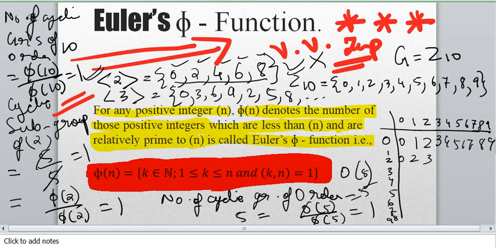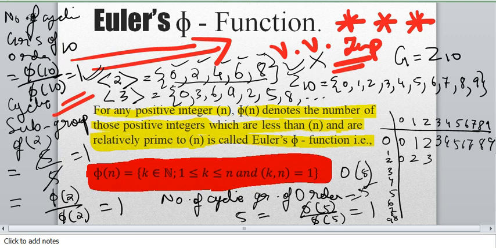So Z10 will be generated by, I think most probably 1, I think so. Alright, let me just think of that. If I think about 3, then we see that 3 is giving us 0. If you look at the screen, 0, 1, 2, it will be generated by 1.